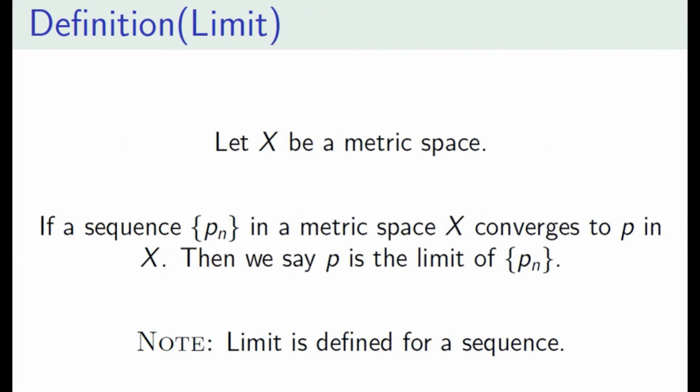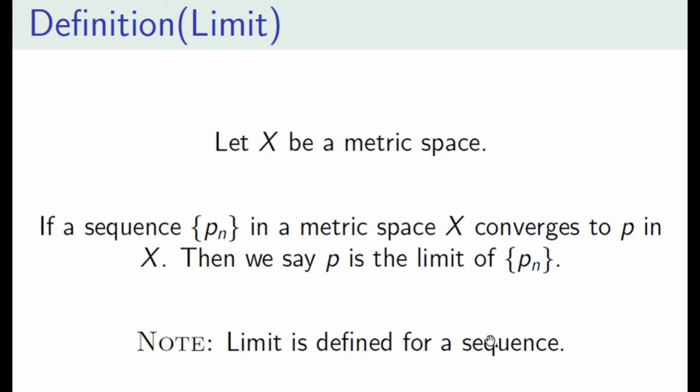What is a limit? Let X be any metric space. If a sequence Pn in a metric space X converges to P in X, then we say P is the limit of Pn. So limit is defined for a sequence.